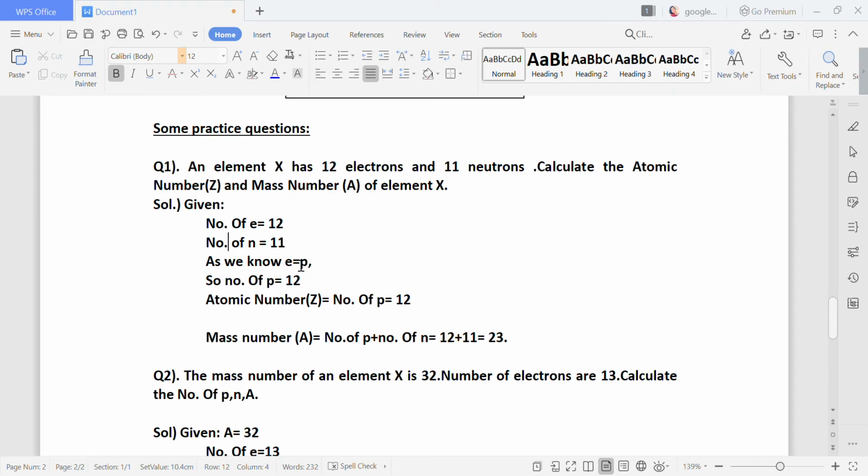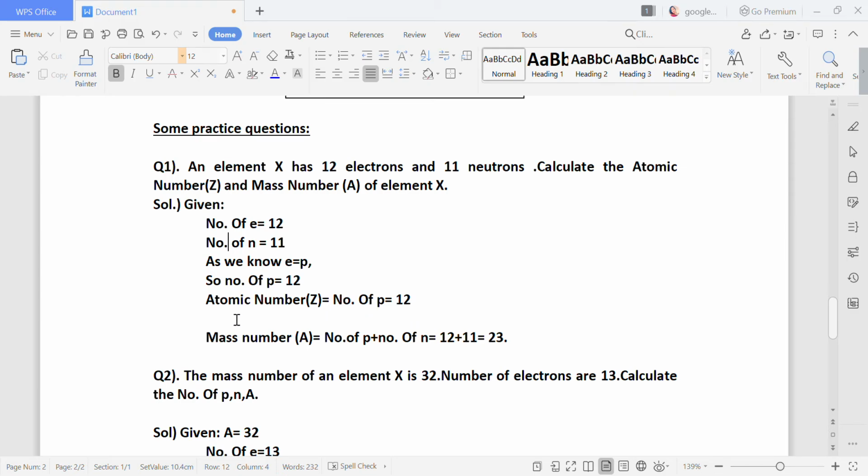We know this, right? So if the electrons are 12, the protons will also be 12, because number of electrons is equal to number of protons. Then atomic number will also be 12.